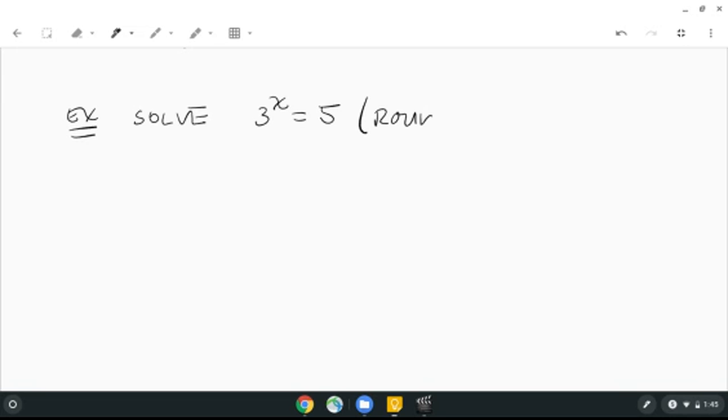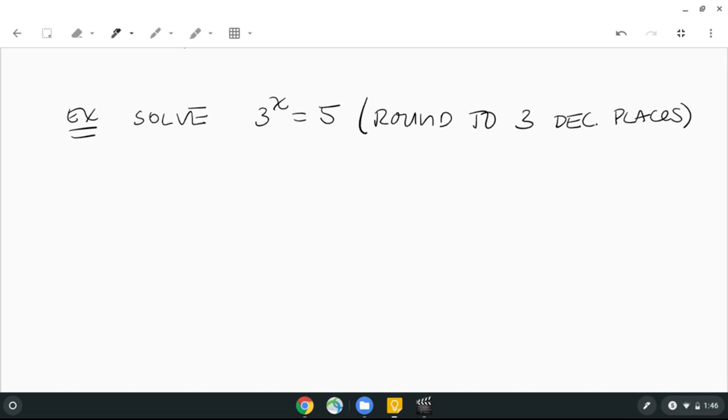Okay, so let's take a look at another one. Solve 3 to the x equals 5 and round to 3 decimal places. Okay, I'm going to bring this here.